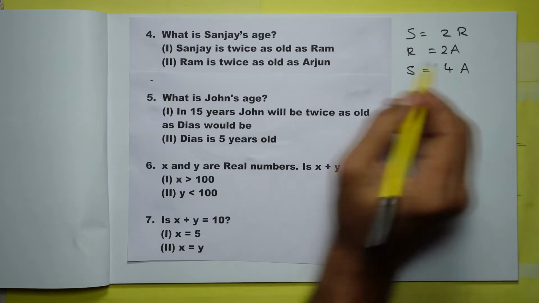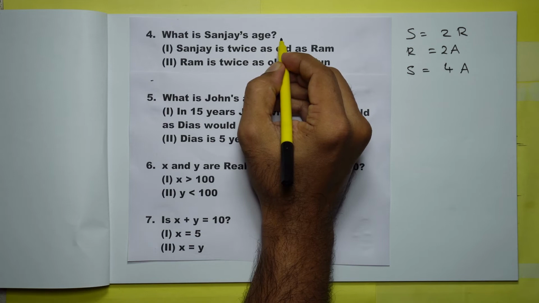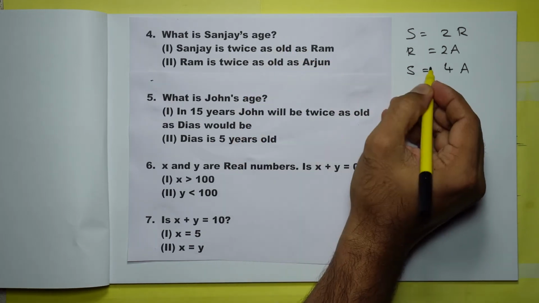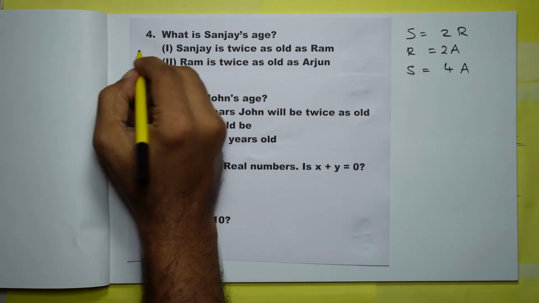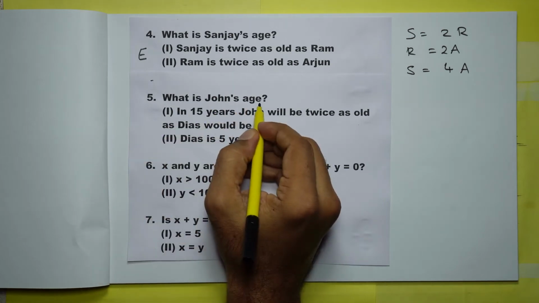So even with both the statements we will not get the exact value of Sanjay's age. So both the statements together, even that is also not sufficient to get the exact value of Sanjay's age. So insufficient data, E.